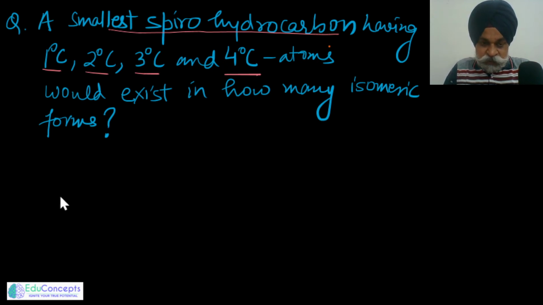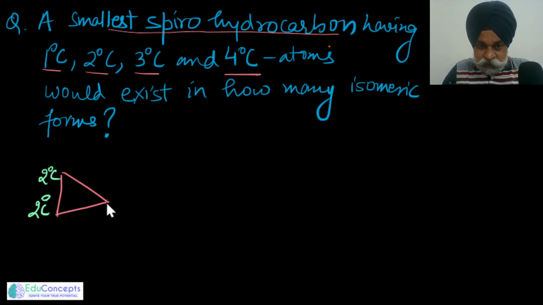First I would write this ring, and obviously this becomes secondary, this also is secondary, and from here you start 1 ring so that this becomes a quaternary, the Spiro bridgehead atom.